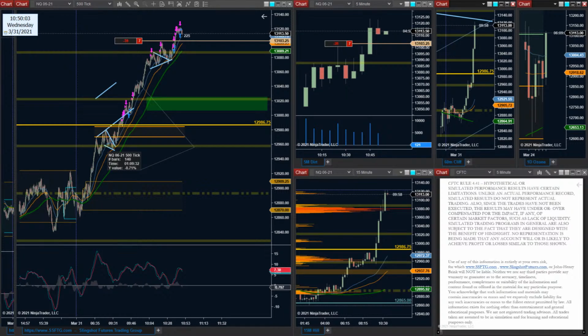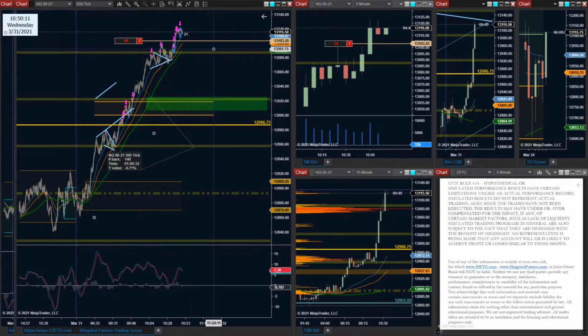Nice little bear bar to try to pressure the market down again. Still haven't had that L2 pullback.